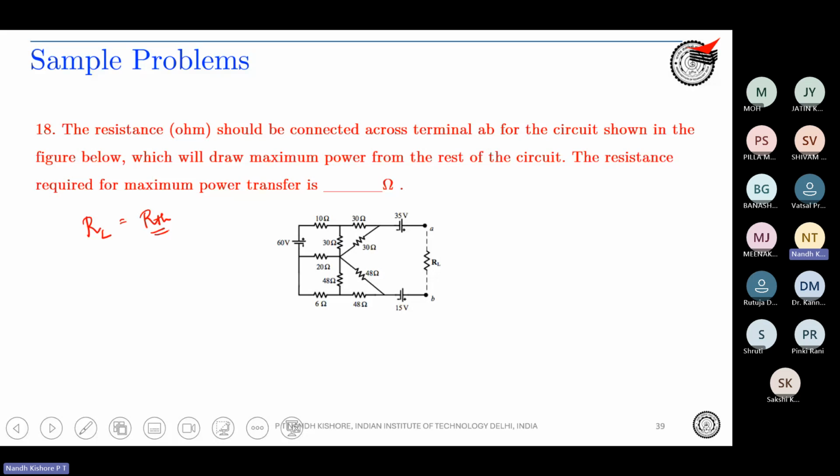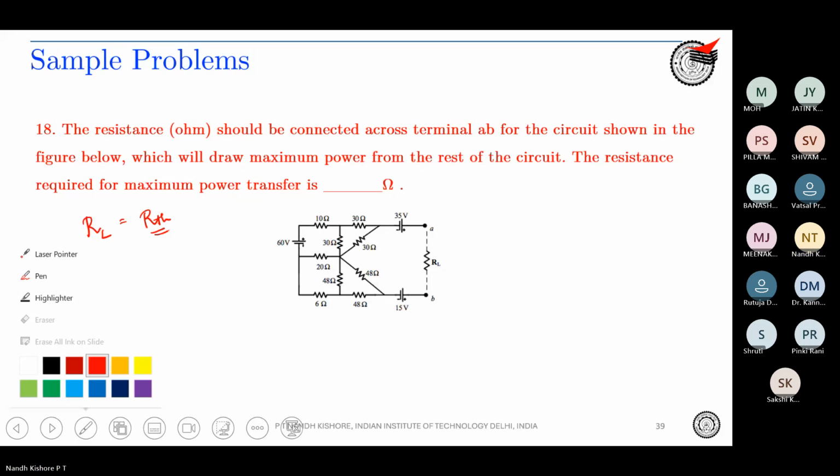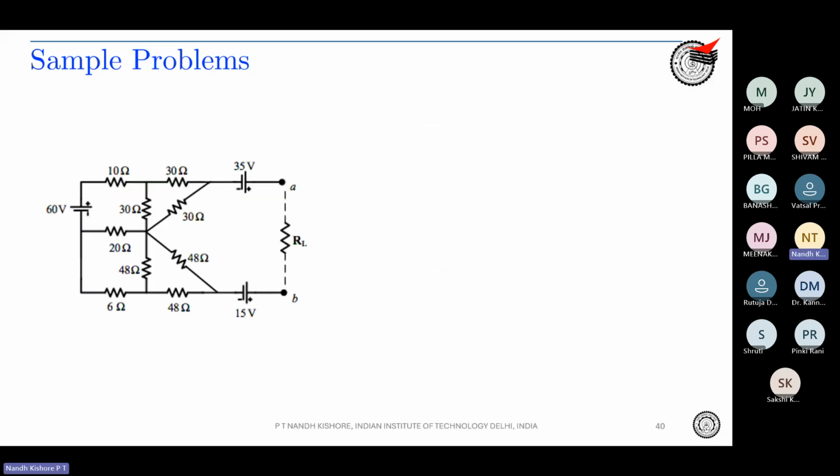Okay, so how do you find it out? Can someone tell, seeing this circuit, how you can simplify? How will we find out R Thevenin? Is there any formation over here that you can simplify?